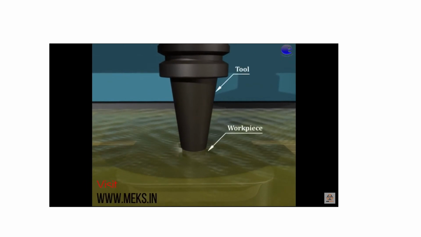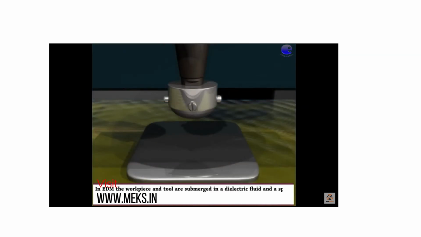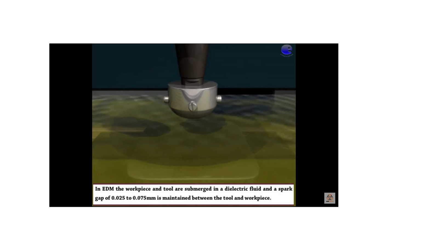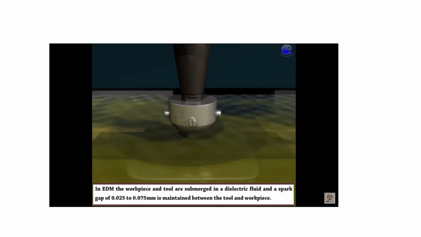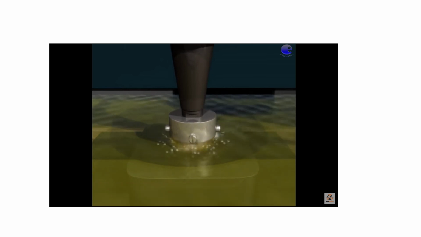Tool, workpiece, dielectric fluid. In EDM, the workpiece and tool are submerged in a dielectric fluid and a spark gap of 0.025 to 0.075 millimeter is maintained between the tool and workpiece.